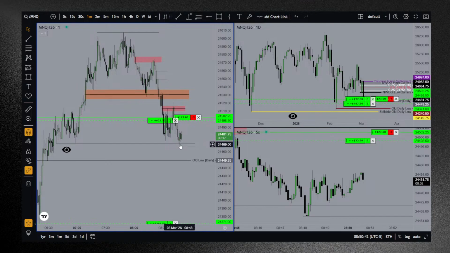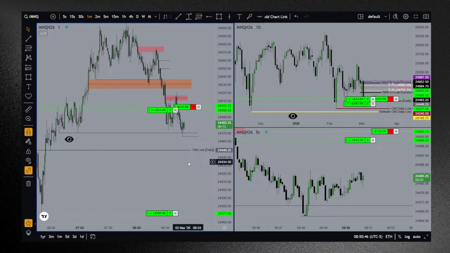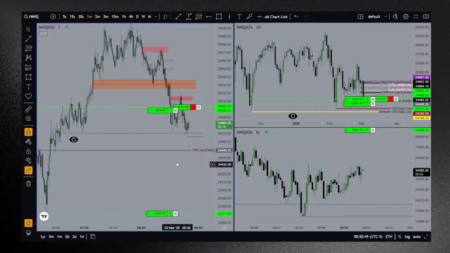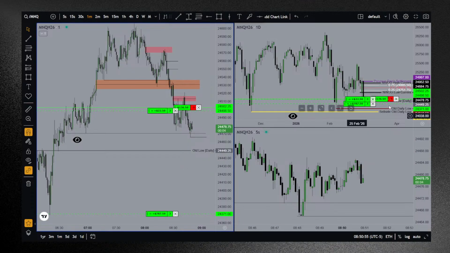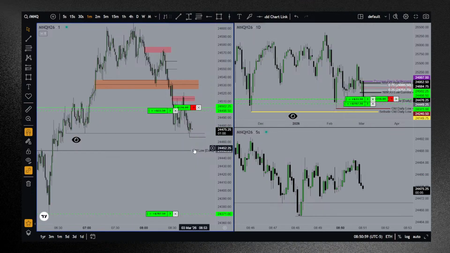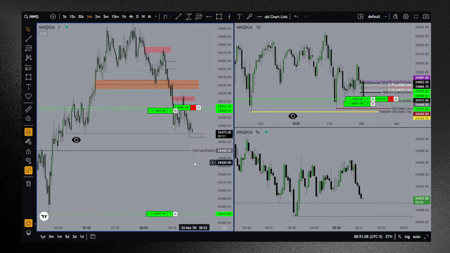But at the same time, if there is any chance to see it fall out of the bed, which in current environment could be reasonable to expect, right? Especially with the higher time frame bias lower. So if it wants to keep on going lower, then I'm very, very pleased to squeeze that lemon as far as I can.